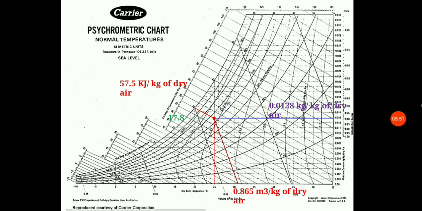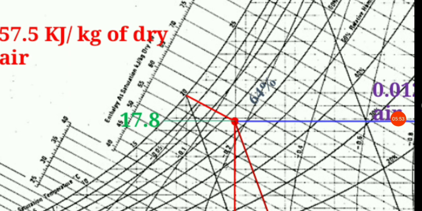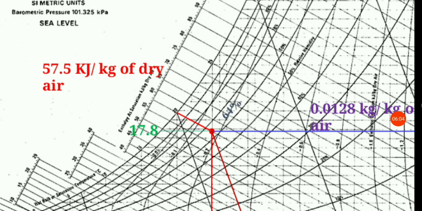Here it crosses the enthalpy scale at an approximate value, and it ranges between 55 and 60 kilojoule per kg of dry air. So its value comes out to be approximately 57.5 kilojoule per kg of dry air. That means its value is exactly in the middle of 55 to 60 kilojoule per kg of dry air.